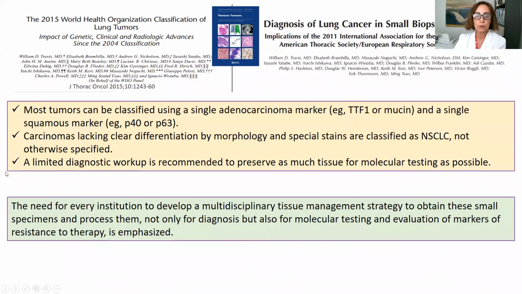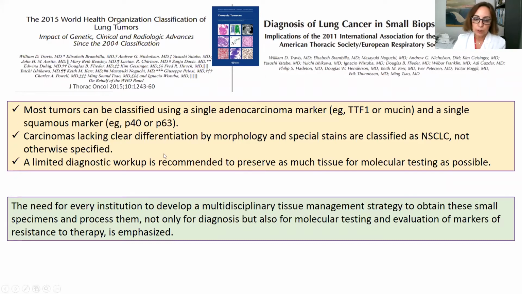To do that, they recommend performing some limited immunohistochemical studies: a single adenocarcinoma marker, TTF1 or napsin, and a single squamous marker, P40 or P63. So carcinomas lacking clear differentiation by morphology and special stains are those classified as non-small cell lung cancer, not otherwise specified.